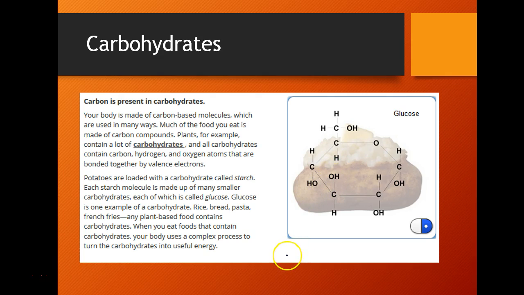So we see here lots of carbon, hydrogen, as well as oxygen atoms. Another example of carbohydrates would be something like potatoes. It is loaded with a carbohydrate called starch, and each starch molecule is made up of smaller carbohydrates, which we call glucose. Essentially, starch is many glucose molecules bonded together.